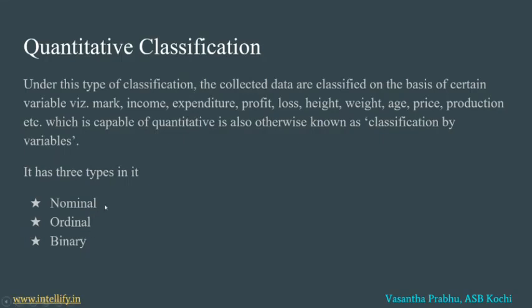Nominal is without ranking. The next one is ordinal. It is variables with an ordered series, like we can take the example of blood group, B positive, A positive, like that.